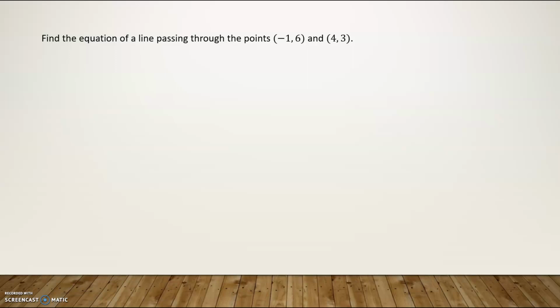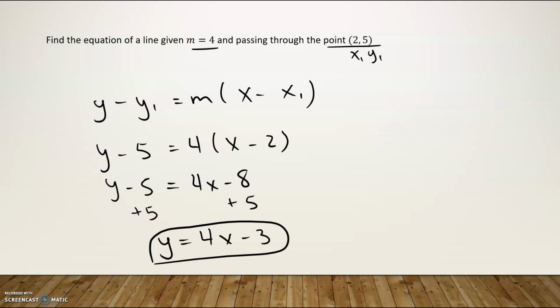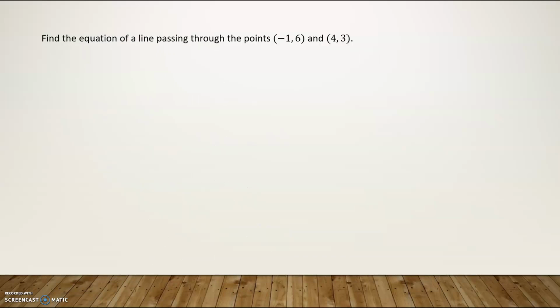The only difference between this problem and this one is they give you the slope. Here, we have to find the slope and then apply the point slope formula. So we'll say this is x sub 1, y sub 1, and this is x sub 2, y sub 2. We could switch those points and it would turn out the same. So first is finding the slope.